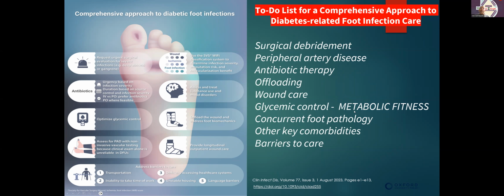Also other key comorbidities need to be addressed, including transportation barriers, housing, language, and difficulties with access to healthcare. These have to be brought into this concept of a comprehensive diabetic foot infection approach.